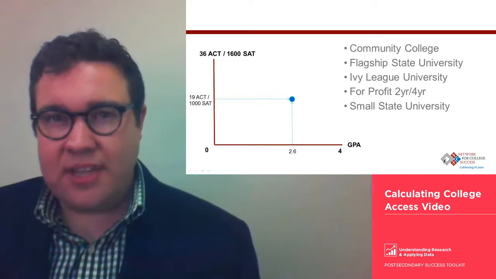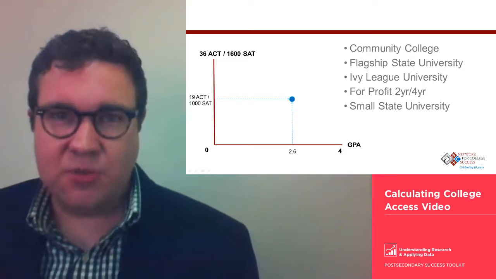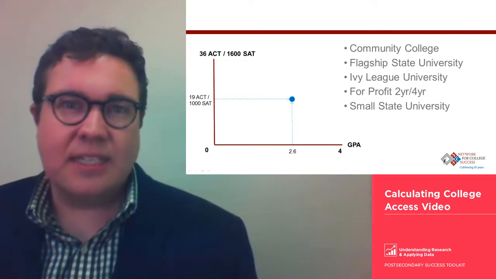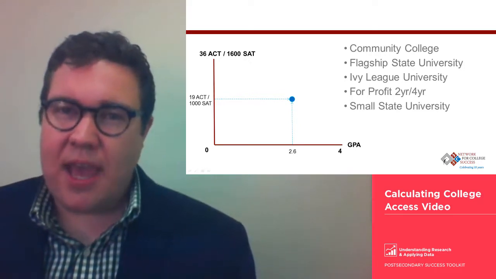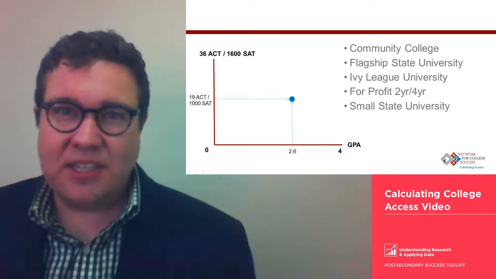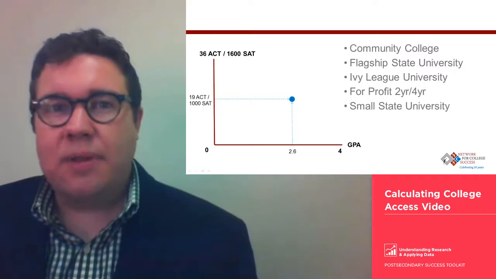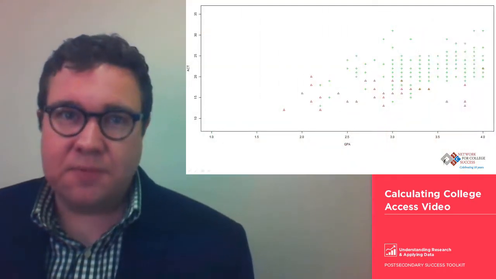Of course, personal statements, application essays, recommendations, strength of schedule, these can all play a role, even a decisive role, in any single application. But just these 2 numbers of GPA and standardized test score very often contain enough information to make accurate predictions. These scatter plots show some actual acceptance patterns from different colleges.